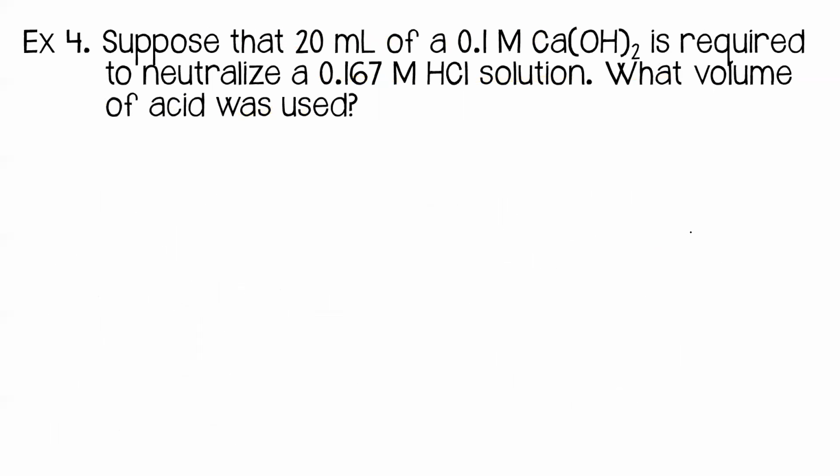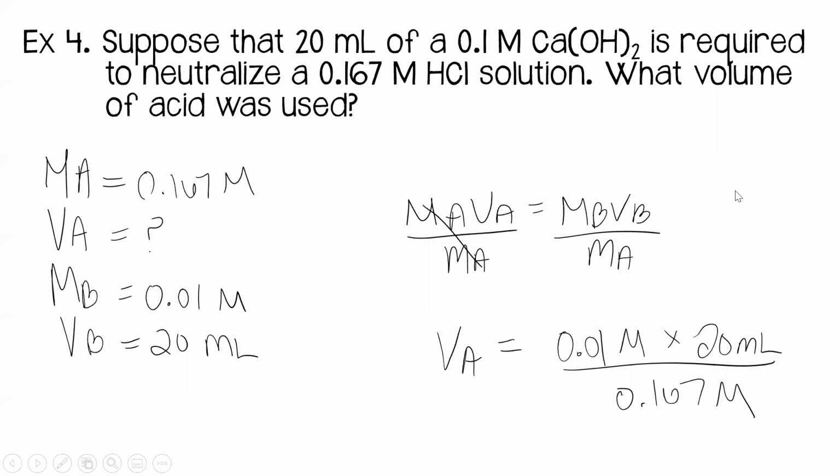All right, try this one by yourself. Pause the video, check your answers. So in this case, you're solving for volume of acid. So you know the molarity of the acid and base, and you know volume of base. So in your equation, you should have MA times VA, reverse, MB times VB divided by MA.